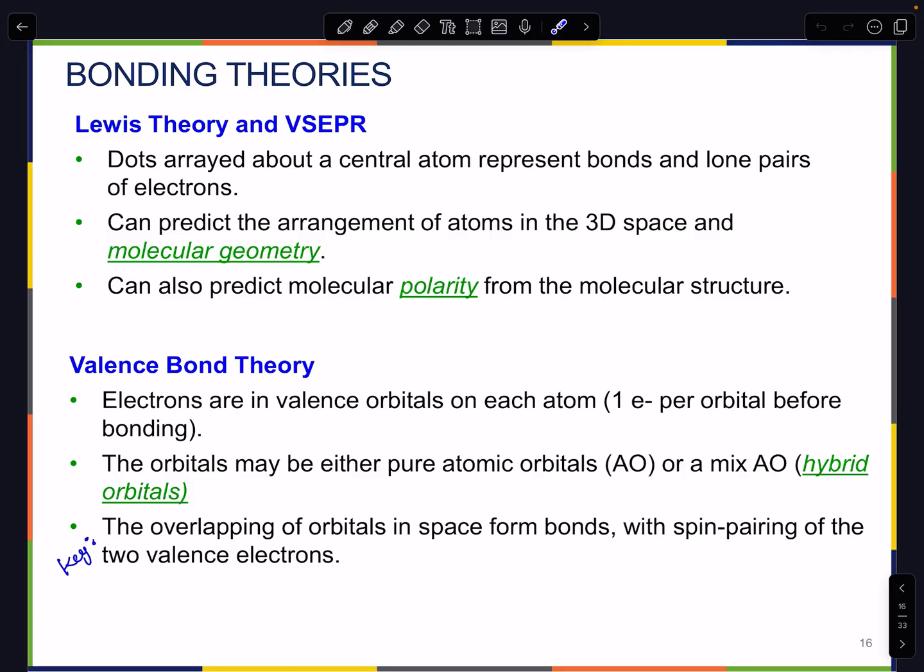These orbitals that are involved from each atom in bonding can be of two types. Sometimes we have the pure atomic orbitals, the ones that we have usually been talking about, the s, the p, and the d orbitals. Or we can also use a new set of orbitals that are called hybrid orbitals.